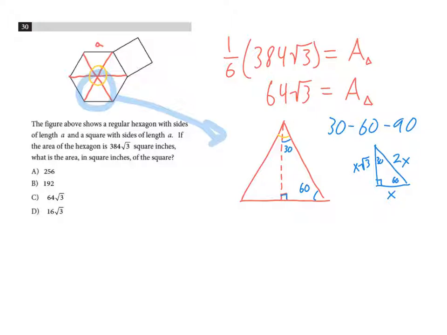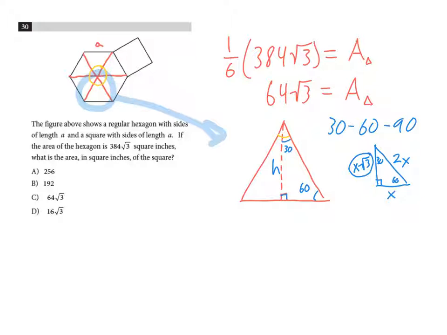So if we are trying to find h, which is the height, the altitude of the equilateral triangle, then we are going to be using this right here.